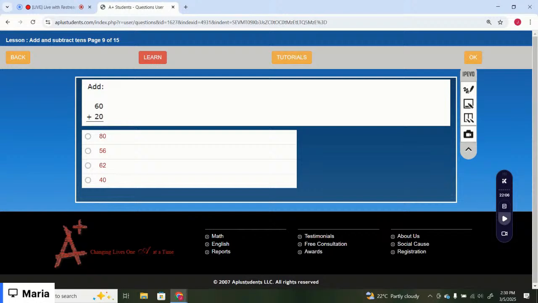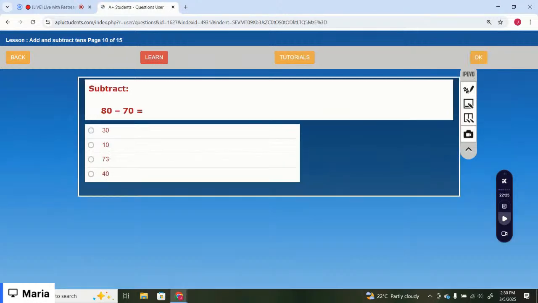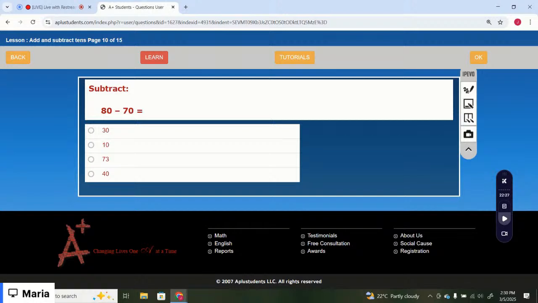60 plus 20 equals. Very good. 80 it is. Option number one is the correct option. 80 take away 70, which is the correct option?